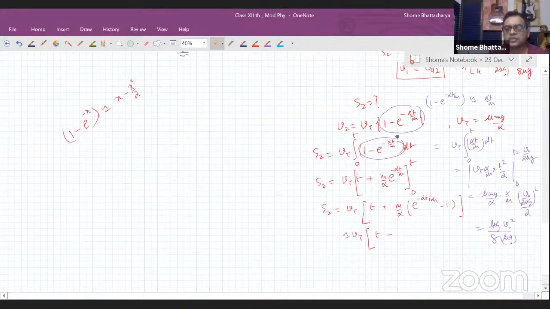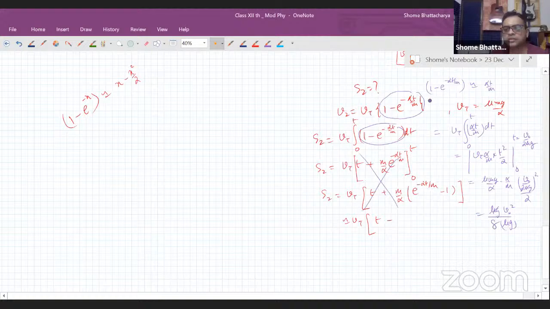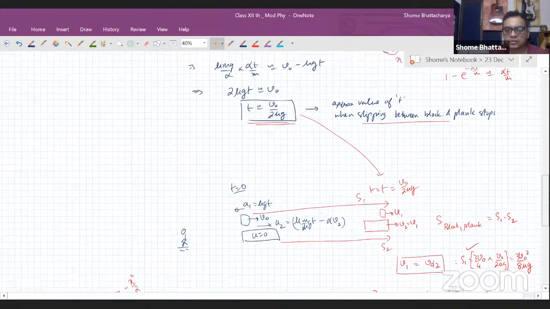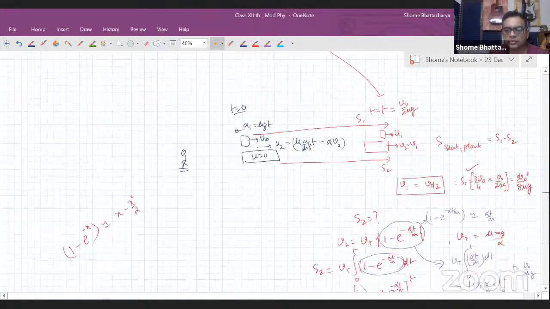So you don't need to do these steps. You're just approximating this term here as this. So this integration is directly becoming this. So our S2 is approximately becoming V naught square by 8 mu g. Okay. And S1 we had calculated above. Where was S1 now?